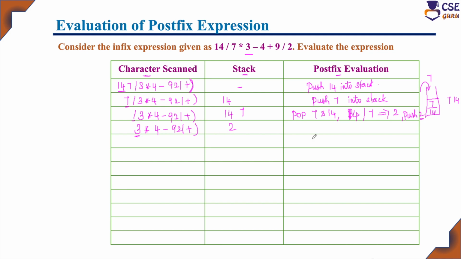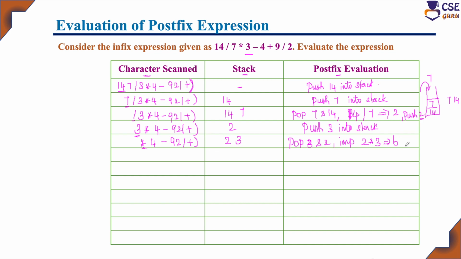Next element is 3. So push 3 into the stack. Now 2 is at the top, and 3 will be pushed. Remaining elements are star 4 minus 9 2 division plus closed parenthesis. And next comes the multiplication operator. So pop 3 and 2, then implement 2 into 3.